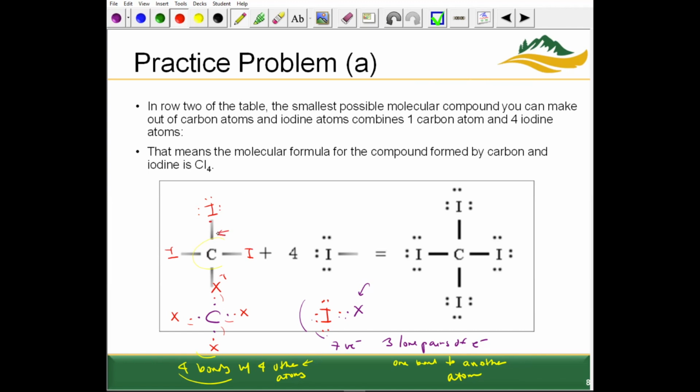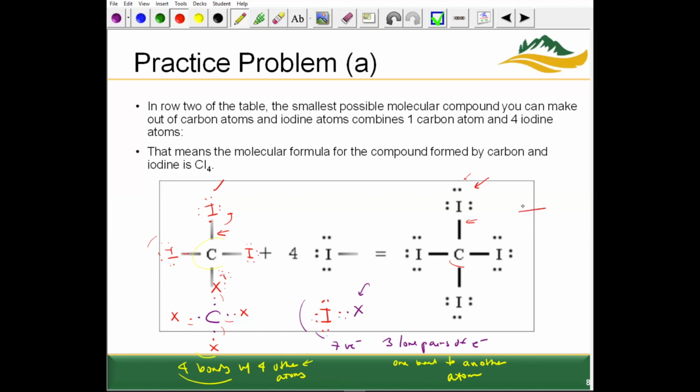Then carbon is contributing another valence electron to iodine. So yes, iodine will be happy with 3 lone pairs around it and a bond going to carbon. So again, 4 valence electrons, 4 bonds. Something with 7 valence electrons likes to have 3 lone pairs of electrons and 1 bond.